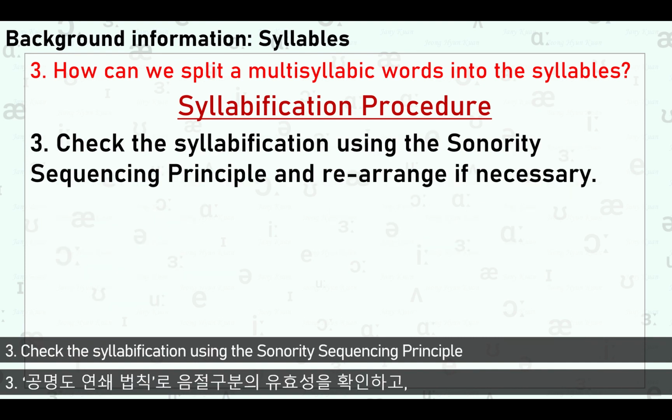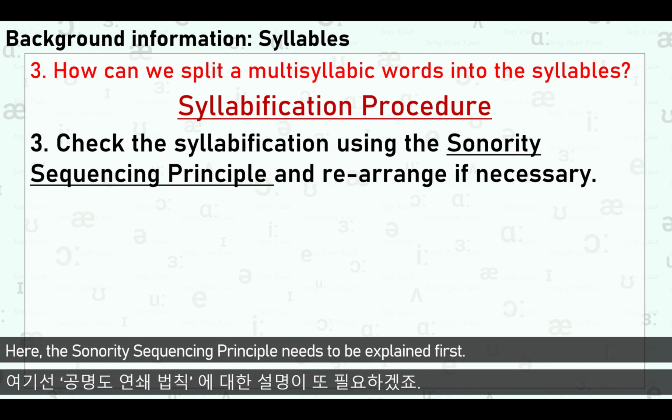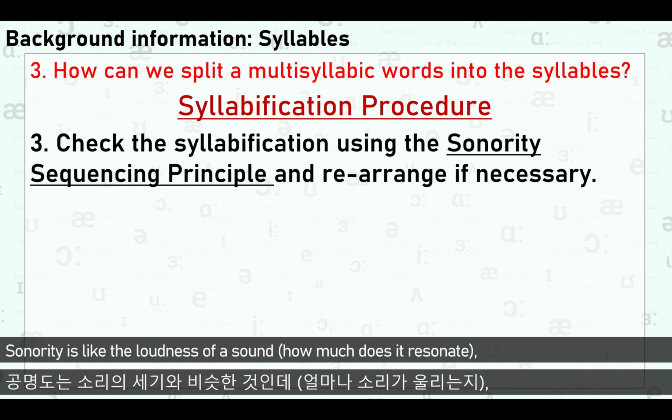3. Check the syllabification using the sonority sequencing principle and rearrange if necessary. Here, the sonority sequencing principle needs to be explained first. Sonority is like the loudness of a sound, how much does it resonate?